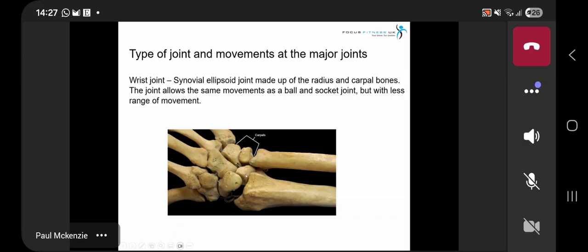Okay? It's not this one here, it's on this side, okay, because that's the ulna, the radius. So between the radius and the carpal bones is your ellipsoid or condyloid joint. So the joint allows the same movement as a ball and socket joint, but with less range of motion. Okay, so you get pretty much the same movements available as a ball and socket joint, but to a lesser degree.